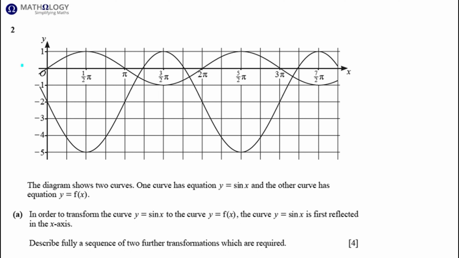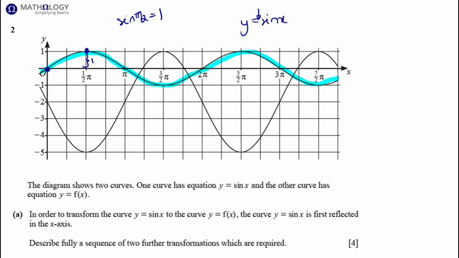So the curve y equals sin x is this curve over here, which we know because y equals sin x has an amplitude of 1, which is that height over there, and the function passes through the origin, and at 90 degrees, or rather pi by 2, the function has a value of 1.